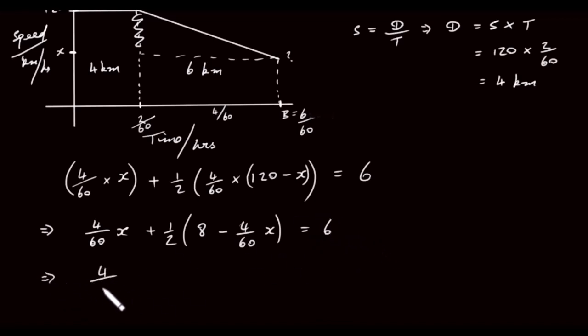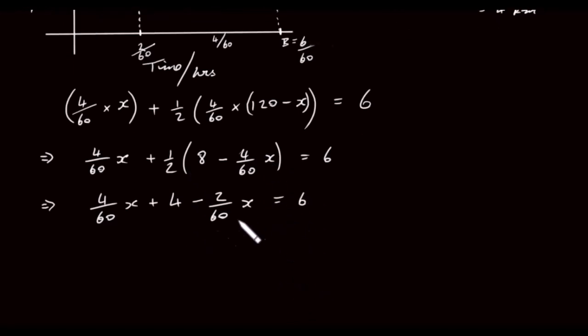Now let's see, we have 4/60x plus a half of 8 is 4, minus 2/60 times x, the 2 will go into the 4 here, and that equals 6. Okay, so let's see, we have 4/60ths minus 2/60ths, that's 2/60ths. I'm going to take this 4 and bring it over to the other side, so remember that's x here, and bring the 4 over here, that'll give me 2.